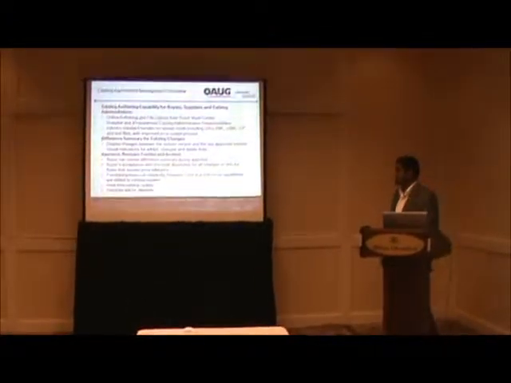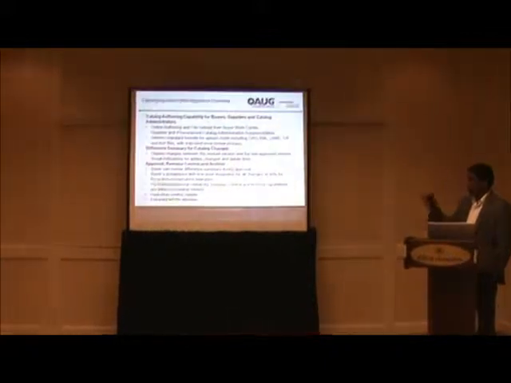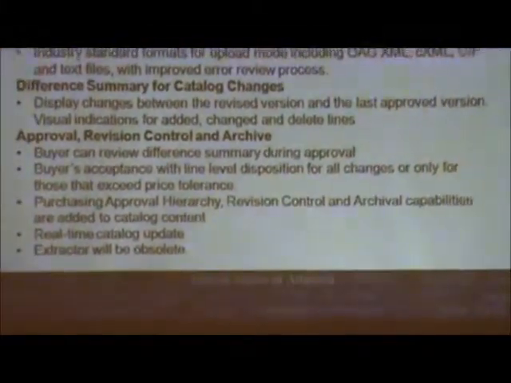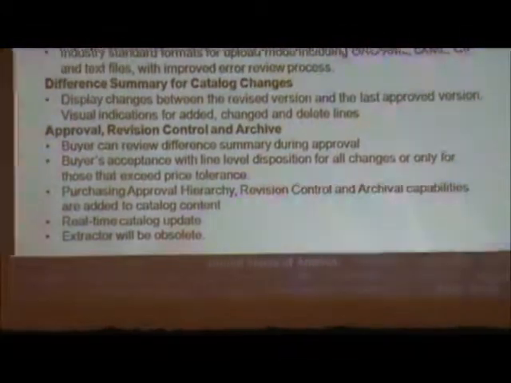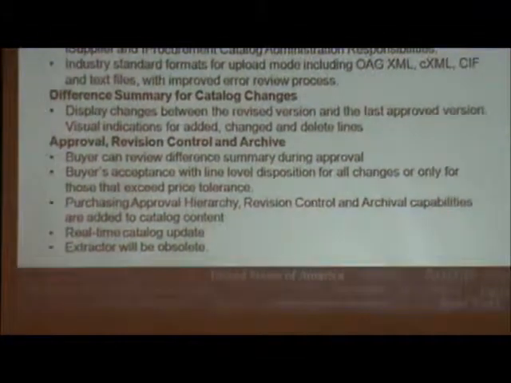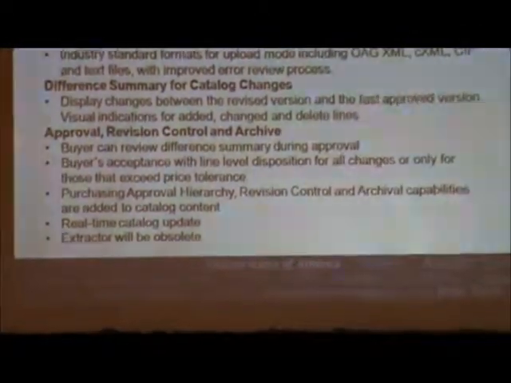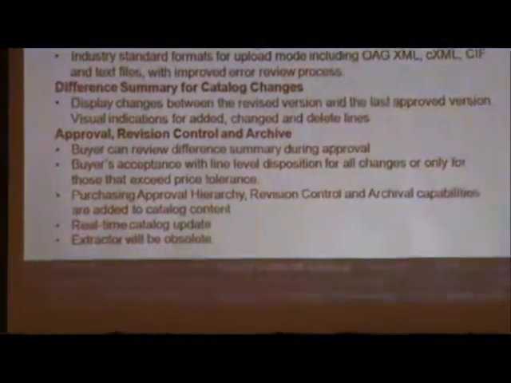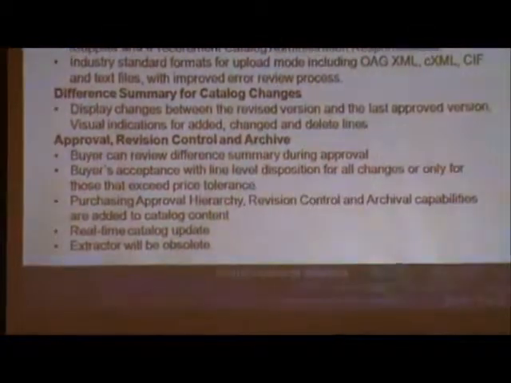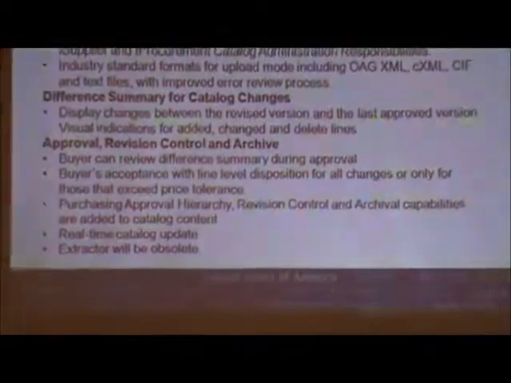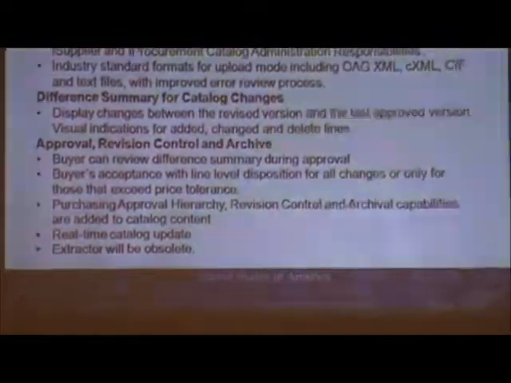Then there are features like approval using the approval hierarchy and revision control. Basically, we can have revisions to our global blanket purchase agreement, and we can archive the old catalogs. The updates to the catalogs are now real time, and extractor programs are no longer required.